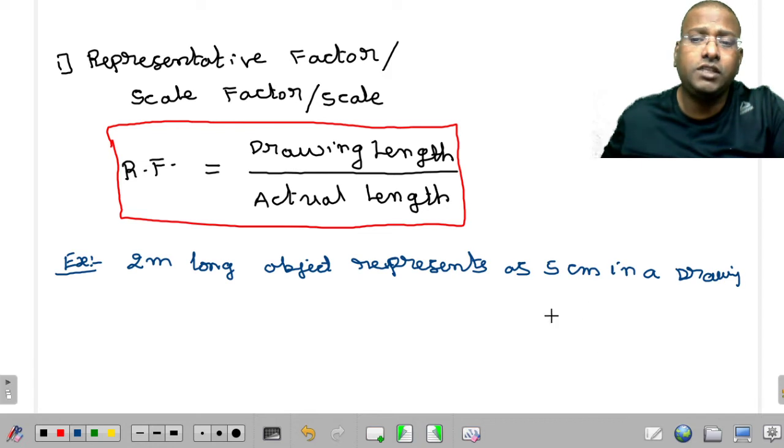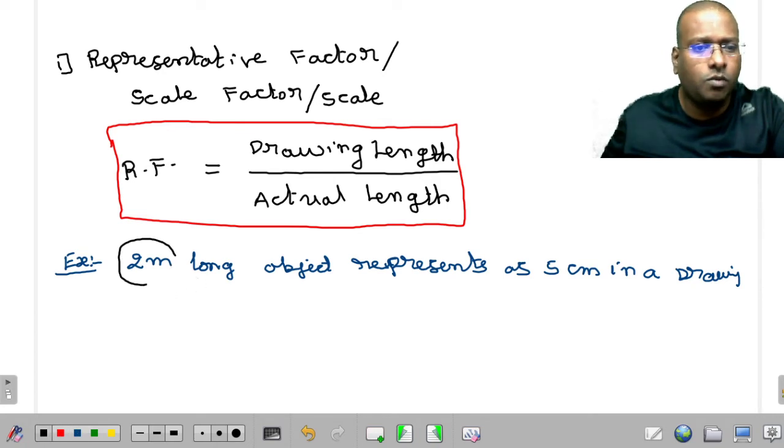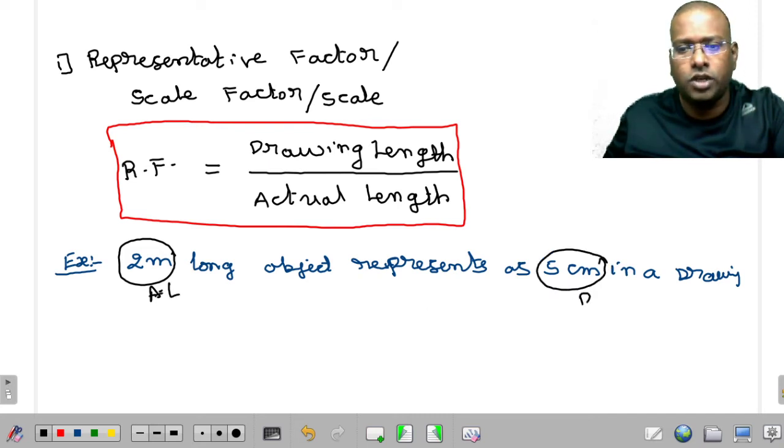Then what is the representative factor for this question? Here two things we have to remember. 2 meters is the actual length, and 5 centimeters is the drawing length.